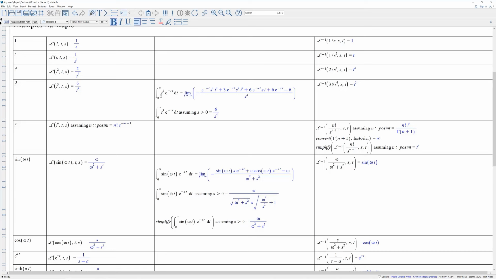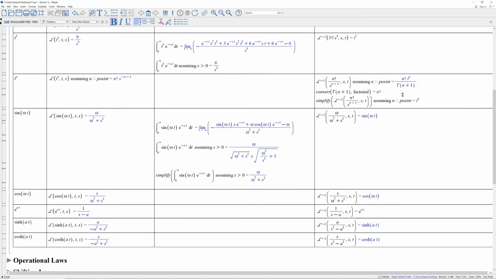Now, if you were to do this via an integral, and you wrote 0 to infinity, Maple would respond by saying you need to be taking a limit here. So you can assume that s is positive, and then Maple will tell you what that integral is.